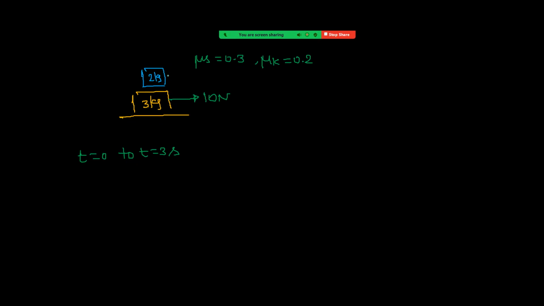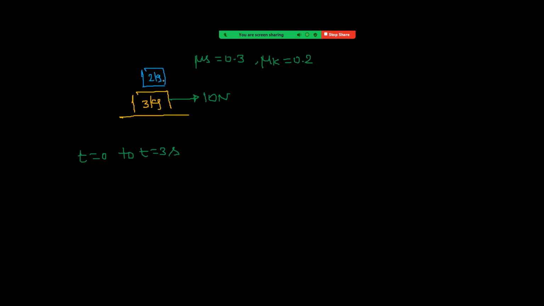Okay, it moves only because of friction. And the maximum frictional force on the 2 kg block is limiting friction, right? And that limiting value, see how much? Mu is given 0.3. At this contact, normal reaction equal to 20 because g value 10, right? That means limiting friction on 2 kg block is 6 Newton.